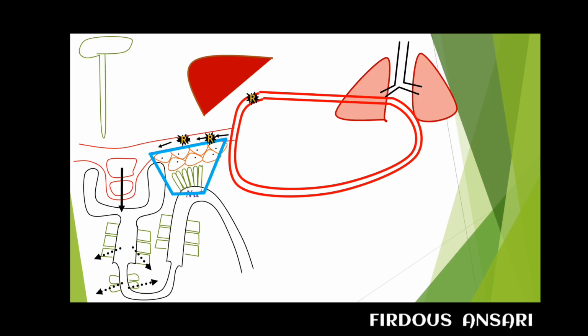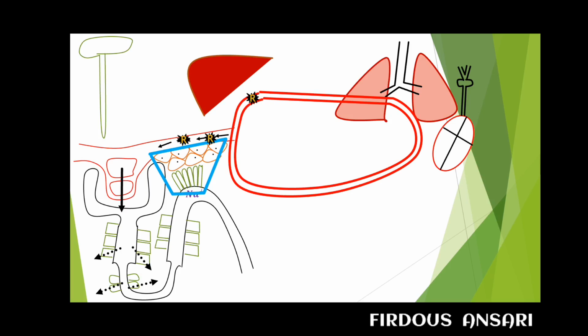Now, this is not the only thing responsible for the release of renin into the blood circulation. One more thing can trigger this renin release. Suppose this is your heart, and above your heart there is a system known as the carotid sinus. Since the blood volume and blood pressure are reduced, various organs will receive less blood supply.